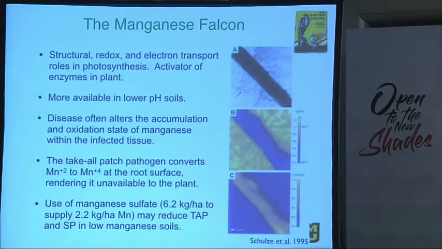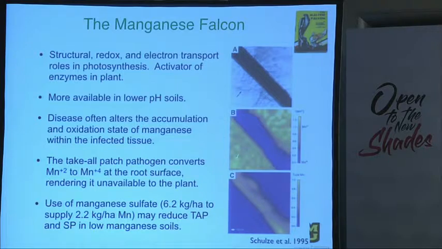That might be the same thing when we're talking about manganese as far as our soil-borne disease control. So manganese is an activator of enzymes in the plant and turns out to be very, very important in plant defense and root defenses. Again, I said it's more available in our lower pH soils.